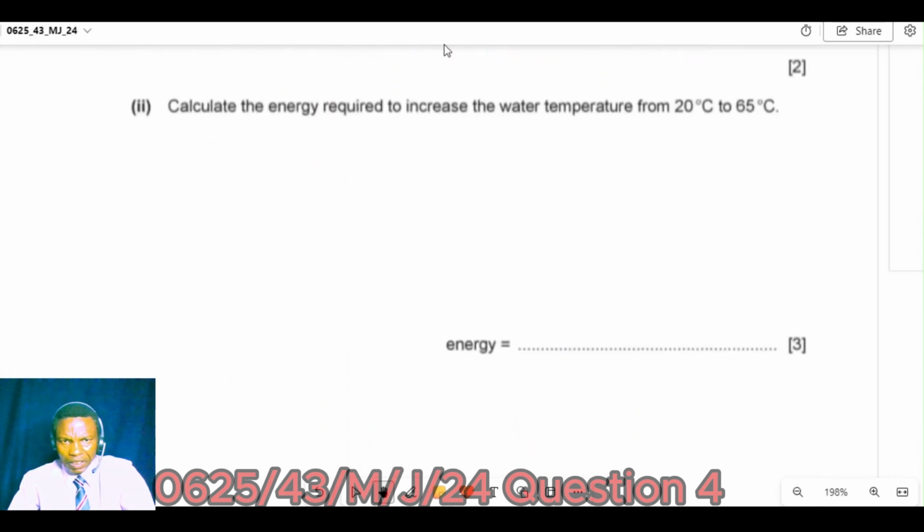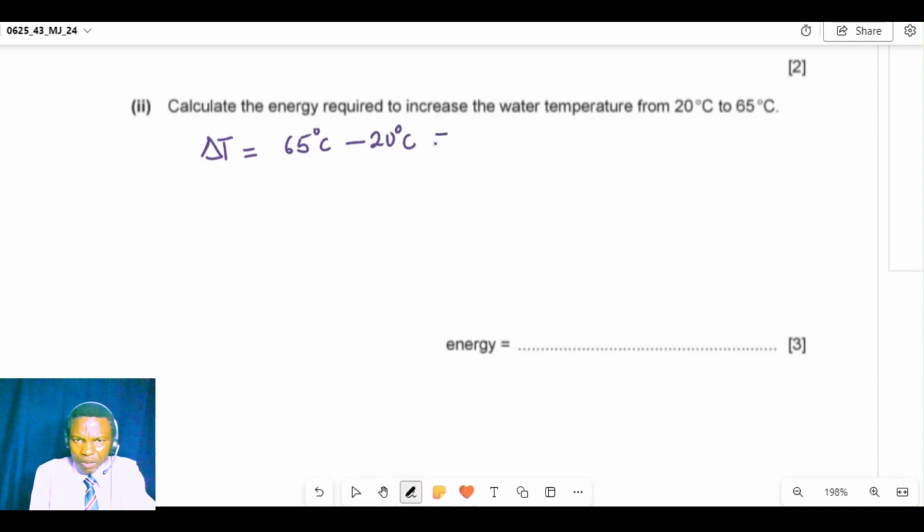Now calculate the energy required to increase the temperature of the water. So let's find the temperature rise. Temperature rise is equal to 65 degrees Celsius take away 20 degrees Celsius, which will give me 45 degrees Celsius.